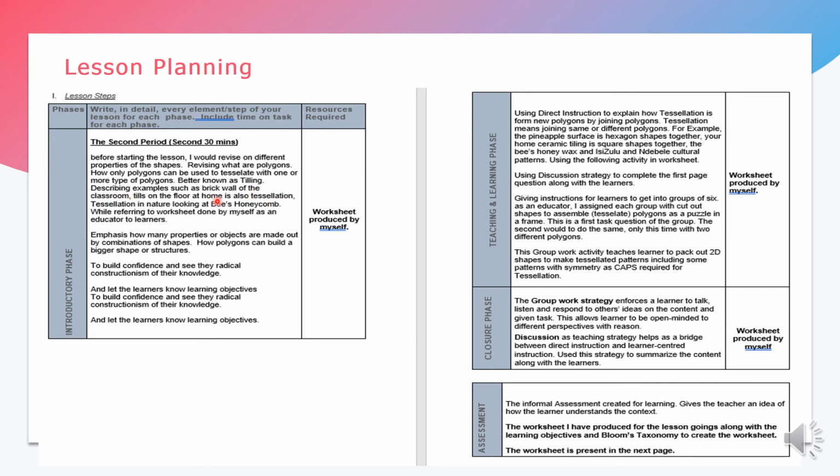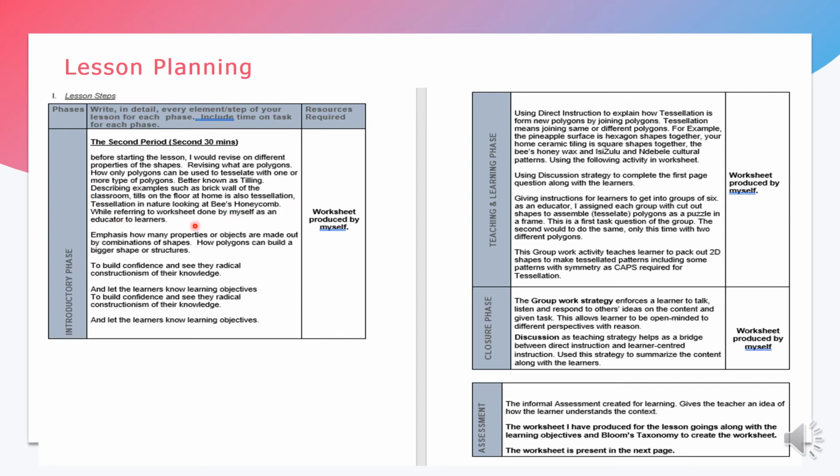You're basically writing a diary of what you're going to do during the introduction. So you're going to describe examples such as brick walls, or in the classroom, tiles on the floor, at home if they have tiles, or they could just look at the classroom tiles. Tessellation in nature, the bee's honeycomb.